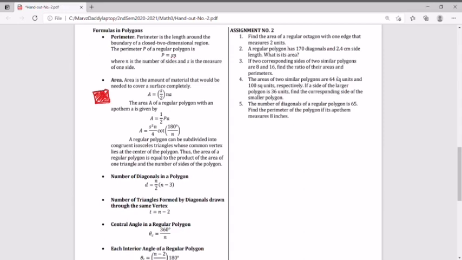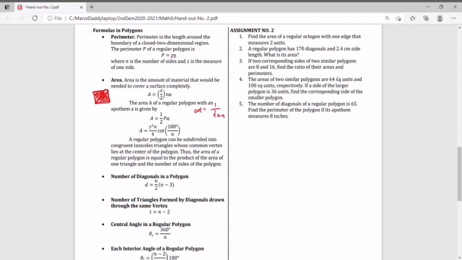Or, we can have this formula, S squared, where S is again the measurement of one side, squared, times N, the number of sides, over 4, cotangent 180 over N. And by the way, how do you get cotangent when you try to calculate it using a calculator? Cotangent class is simply 1 over tangent.